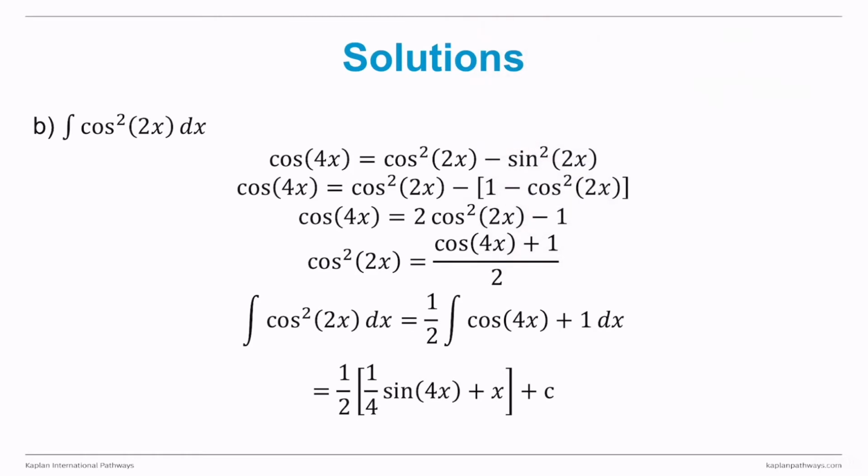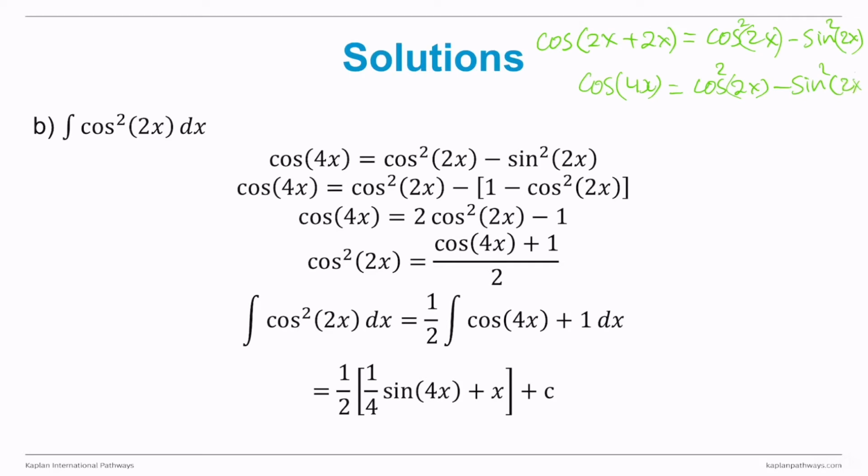Cosine 4x means cosine of 2x plus 2x, so it's going to be cosine squared 2x minus sine squared 2x. So cosine 4x is cosine squared 2x minus sine squared 2x.